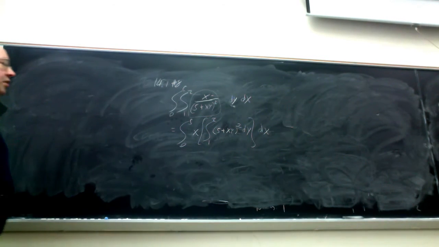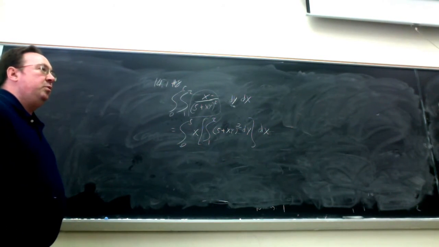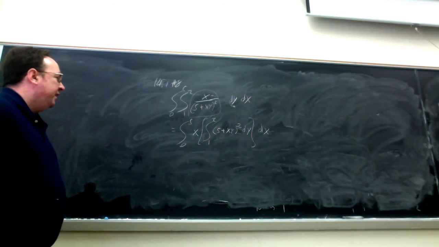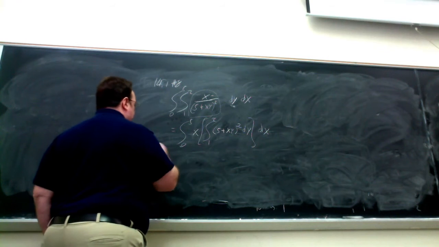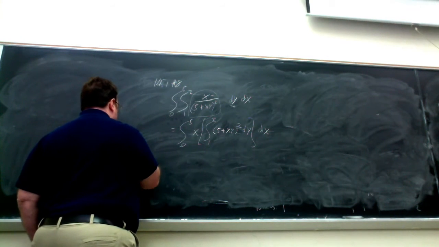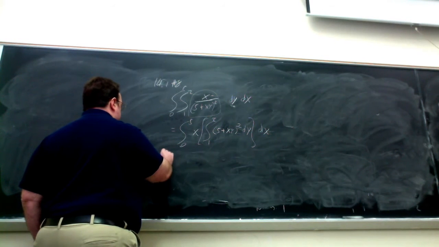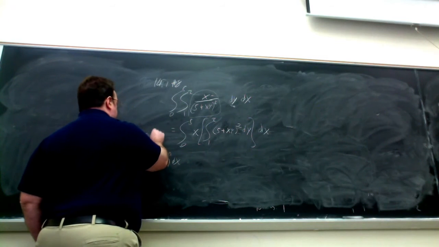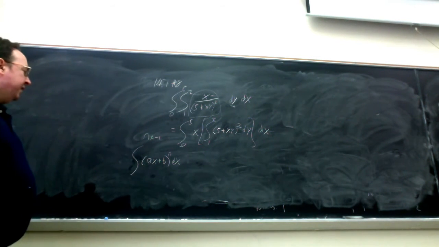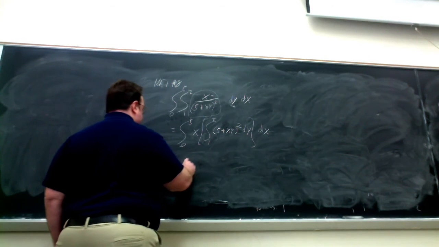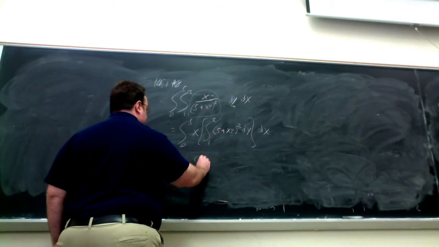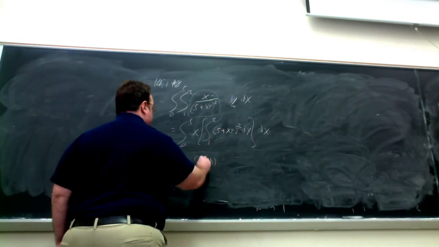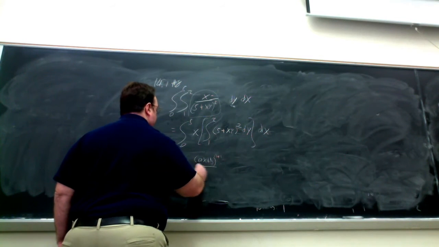Now, you're all familiar with the power rule for integration in its simplest form, but I'm going to show you a somewhat more general form. In general, the integral of (ax plus b), where a and b are constants, raised to the nth power, and we're assuming, as usual, that n is not equal to minus 1, the indefinite integral is (ax plus b) to the n plus 1 over n plus 1.